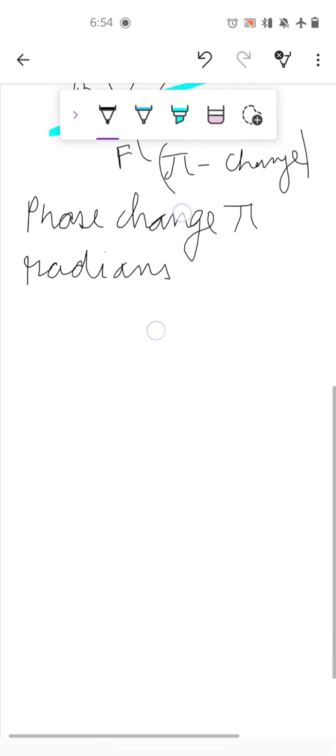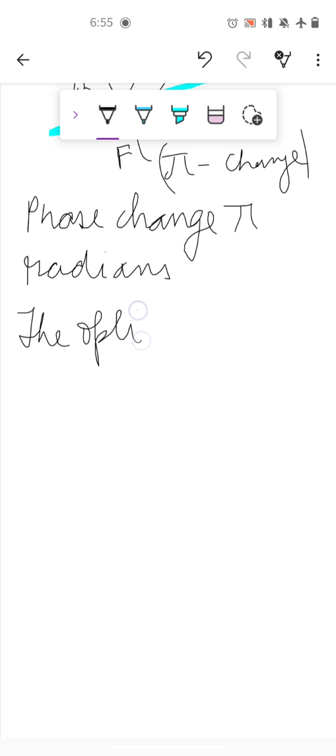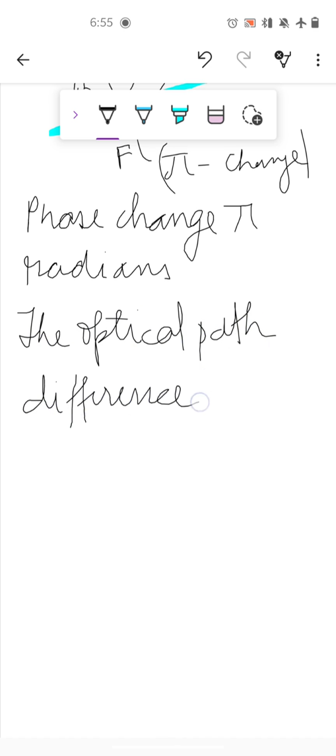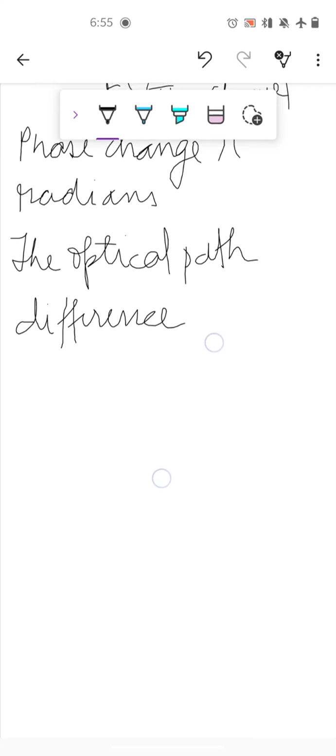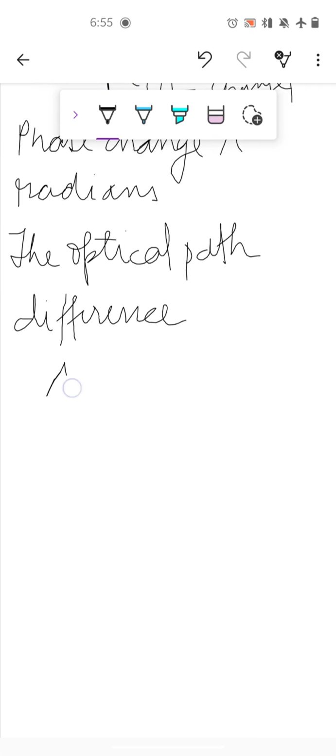I have already told you the optical path difference, what we will measure. The optical path difference in case of interference is delta equal to 2 mu t cos r.